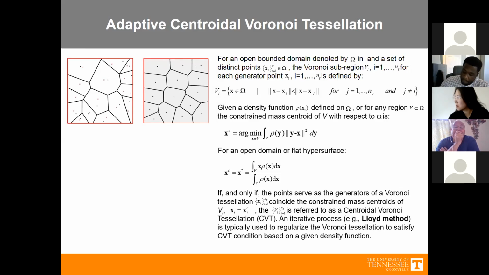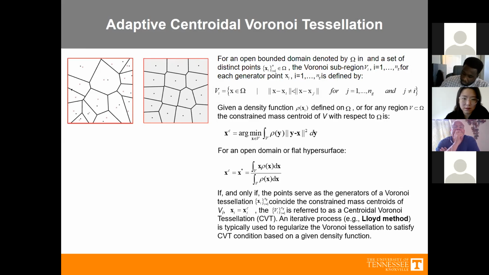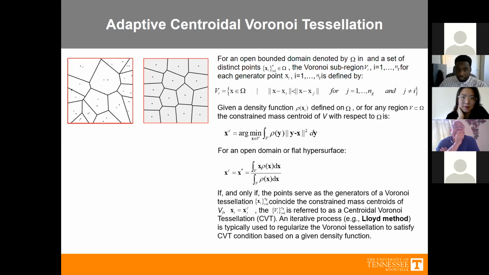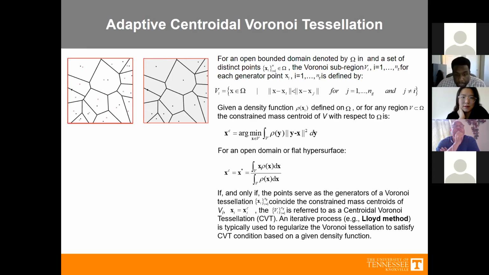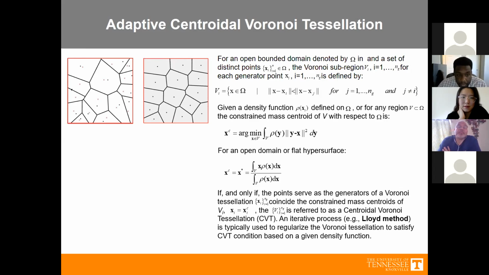So typically for random sets of dots, in the Voronoi pattern generated, the generator point will not coincide with the center of gravity. So there have been a few computational approaches trying to design patterns where those two dots coincide.